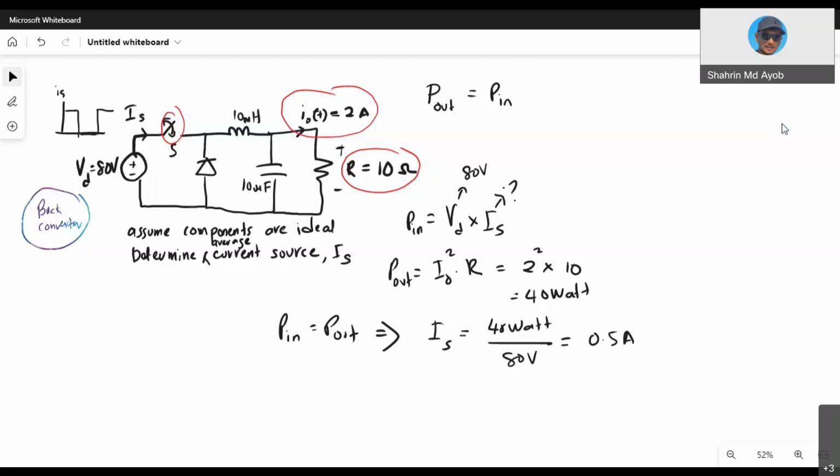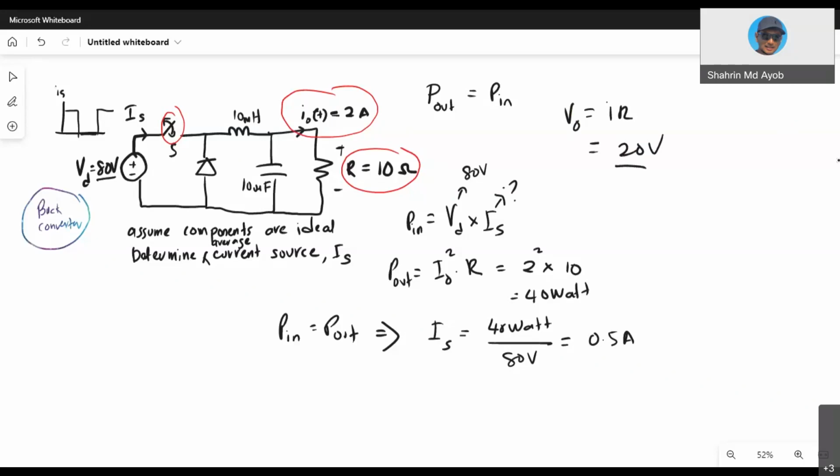So you can see here, what is your V out? If you calculate it from here, V out is I multiplied with R, which is 20 volt. It stepped down from 80 volt into 20 volt, right?